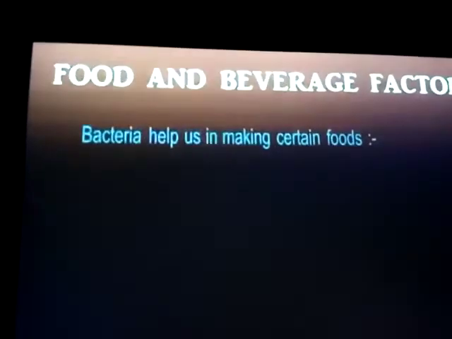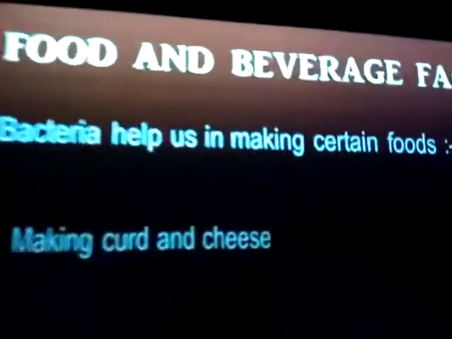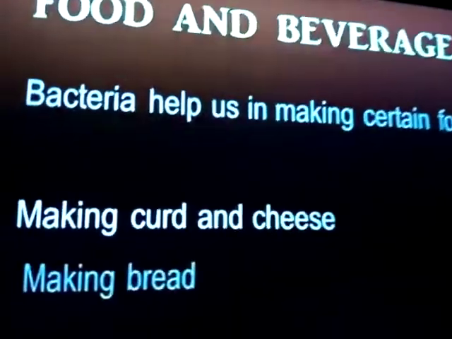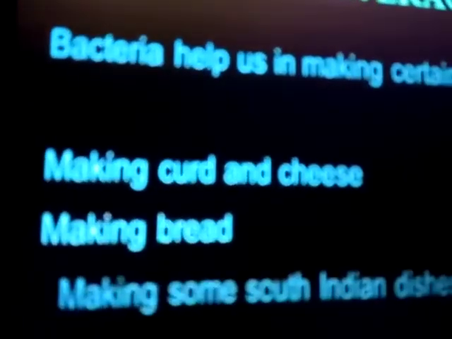Food and beverage factories. Yes, you are right. Many bacteria help in making certain foods, for example, cheese, curd, bread, dosa batters, and idli batters.